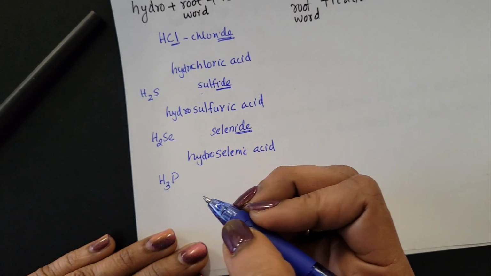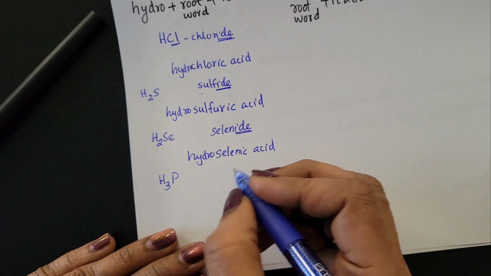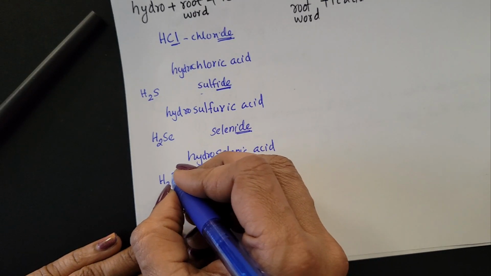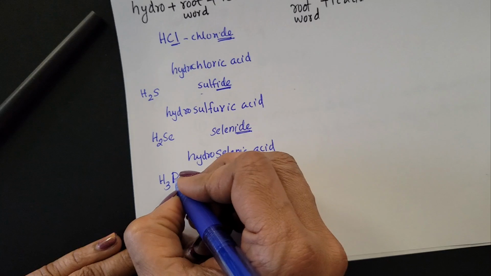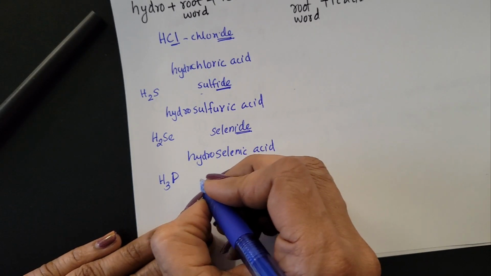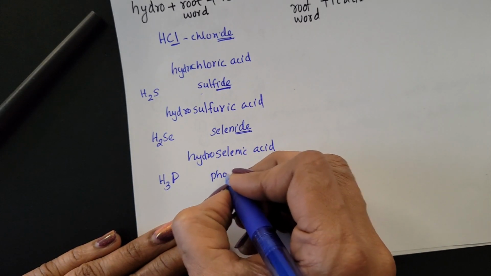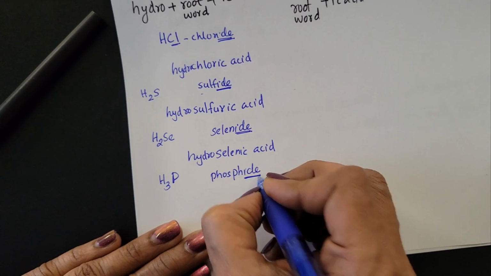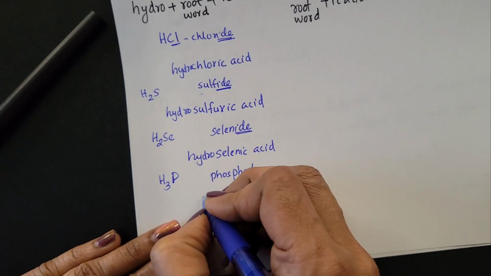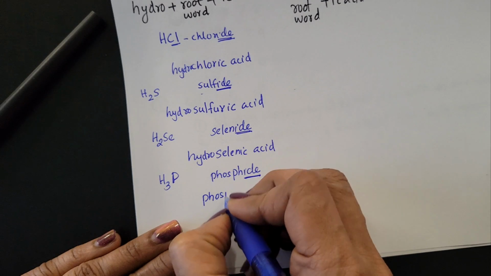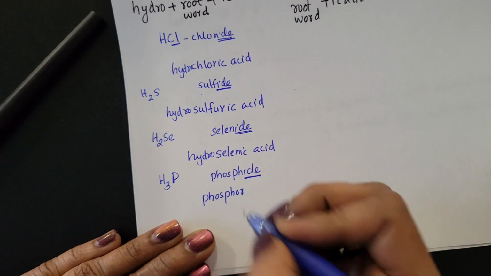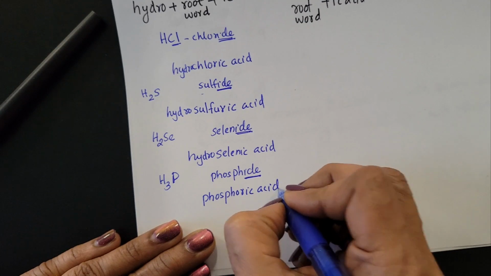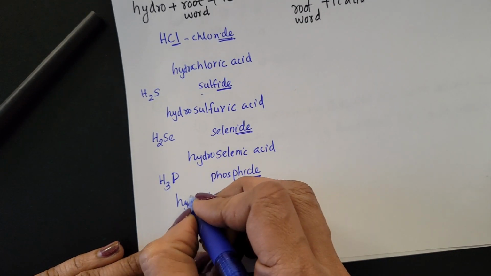This one is PH3 or you can say H3P. As for the names and formula, we can assume that is an acid. Basically, it has no acidic property. Okay, so this one, the anion is phosphorus. We know that it is phosphide. We will replace IDE with IC acid, but for phosphorus, remember the exception, you have to write up to R, then add IC acid, then add a prefix hydro.